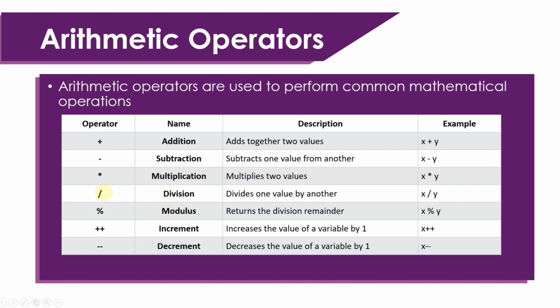Makikita natin yung division natin dun is slash. Yung multiplication natin is asterisk. Yung addition and subtraction, basic, that is the plus and minus. Then, meron tayong nakikita ditong percent sign. Itong percent sign naman na to is the modulus. Okay? So, try muna natin tong 5 dun sa program natin.